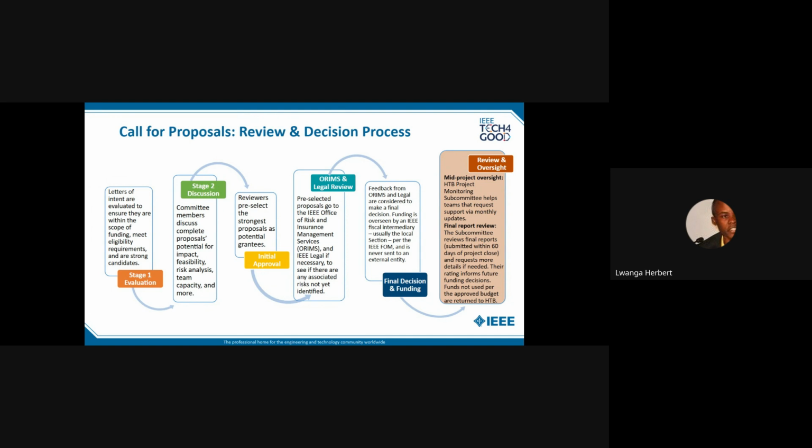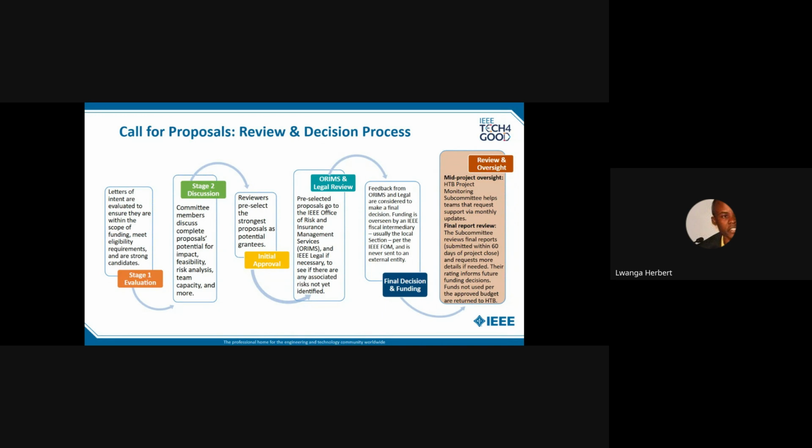The first stage is a letter of intent, which is usually requested from whoever intends to submit a proposal. This letter of intent will be evaluated to ensure that it is within the scope of funding, meets the eligibility criteria, and that the team is strong enough to implement that particular project.